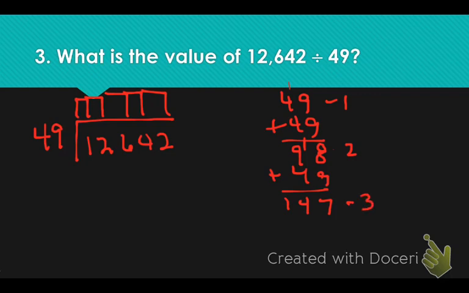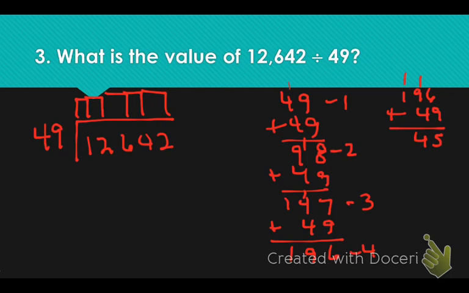That's 3. Plus 49, that's 196. Sorry, my dogs are in the back and they're playing and probably making a lot of noise. That's 4. I'm running out of room, so I'm going to go up here. And 49, that's 245. I'm going to stop there and see what I need to do yet.